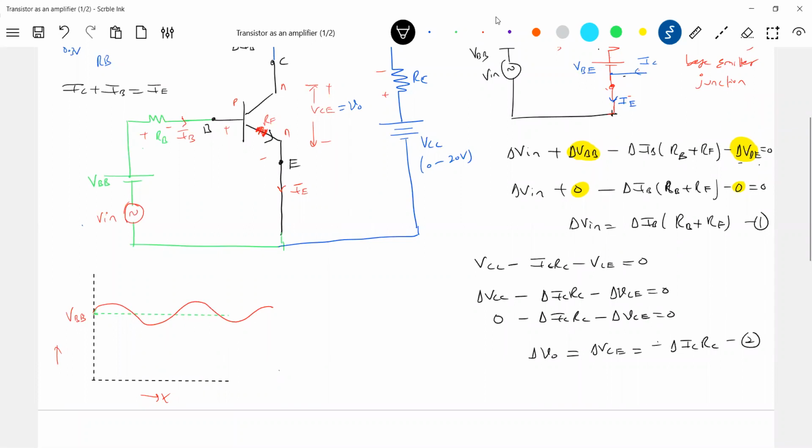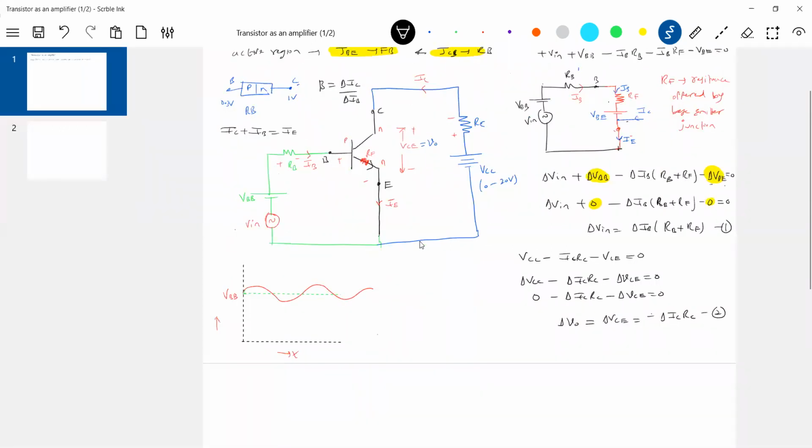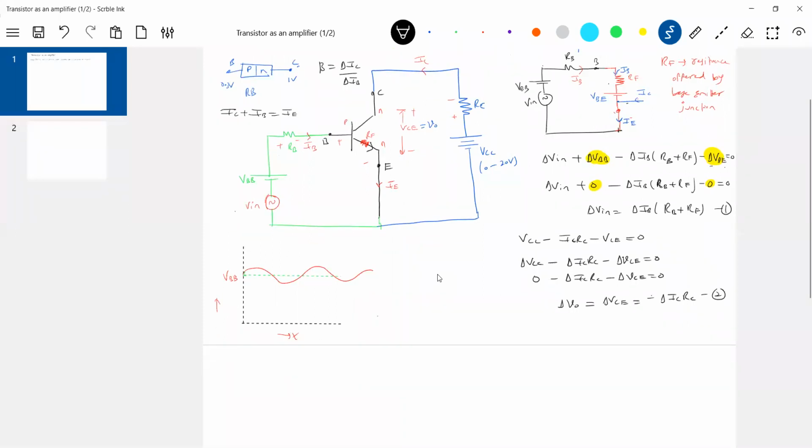How do you define voltage gain? Nothing else is needed. Still, students say, sir, I don't know the working of the transistor. Not needed. Sir, I don't know minority carrier, majority carrier. Nothing is needed. Just KCL, KVL here. Okay, now finally, voltage gain will be defined.